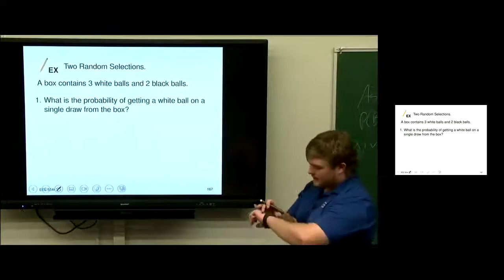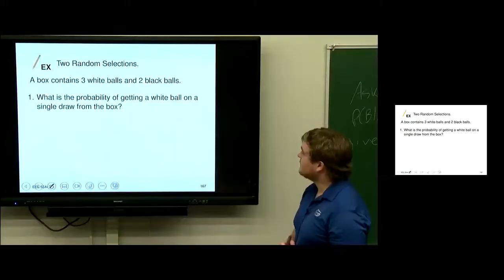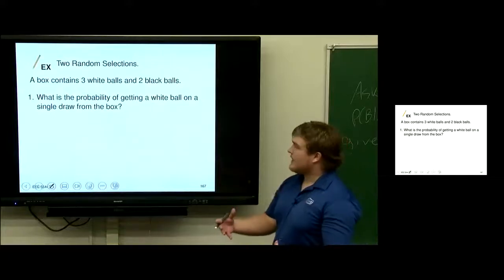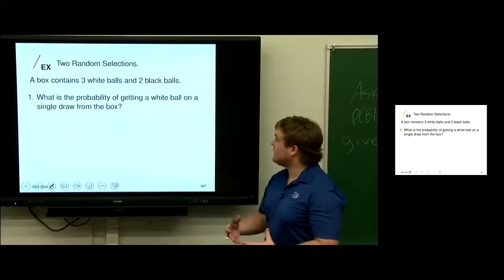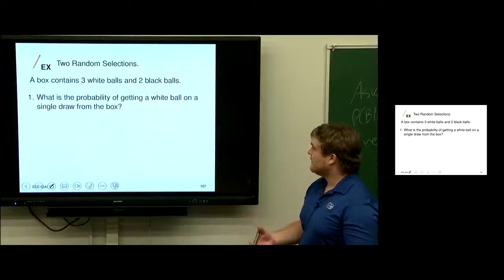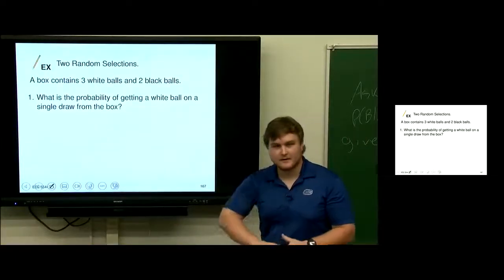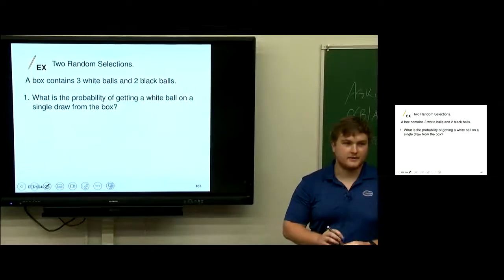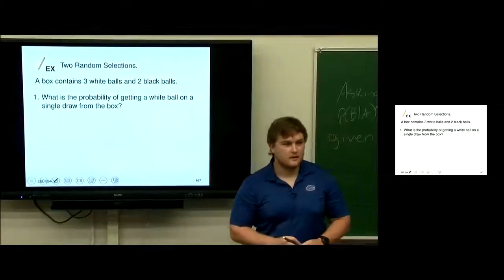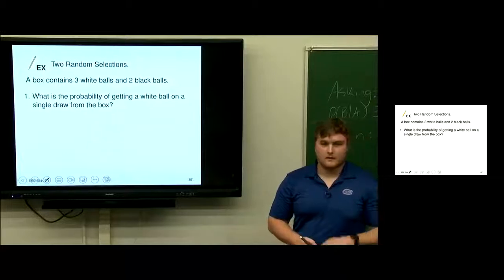So last problem for today, still got 10 minutes. I have a box containing 3 white balls and 2 black balls. What is the probability of getting a white ball on a single draw from the box? Anyone? Can anyone answer this? Who wants to answer it?